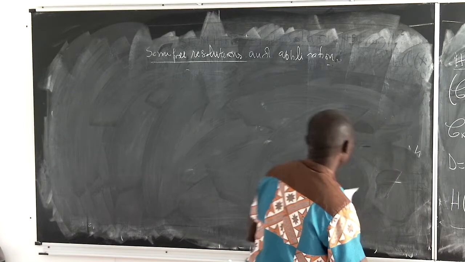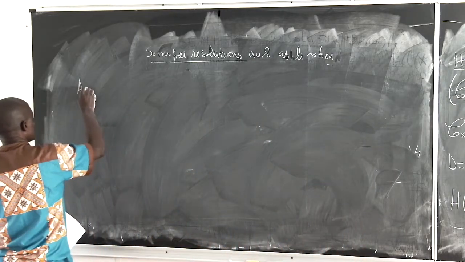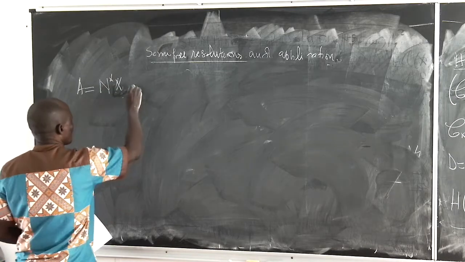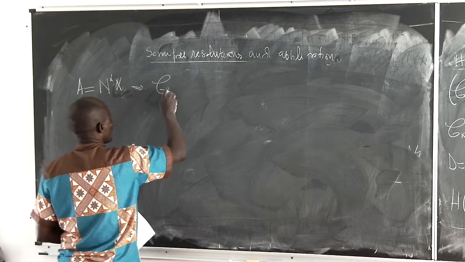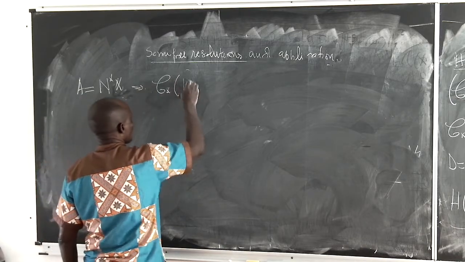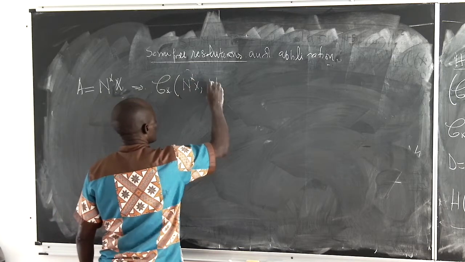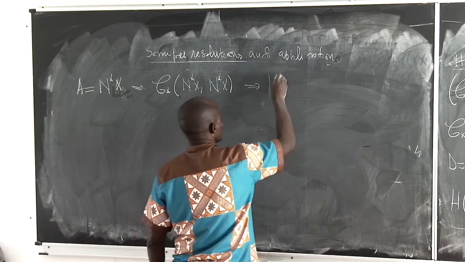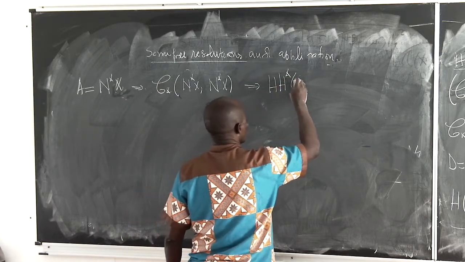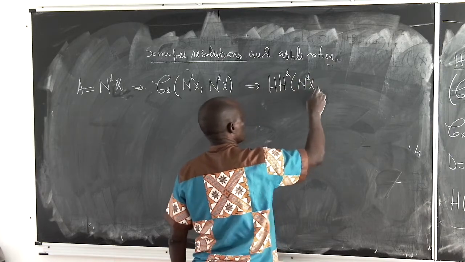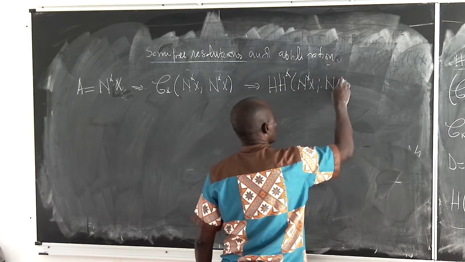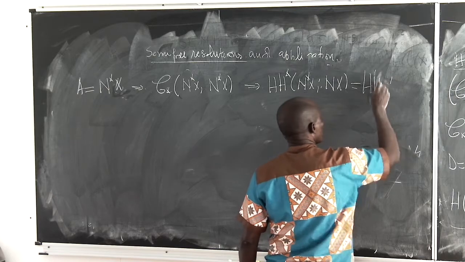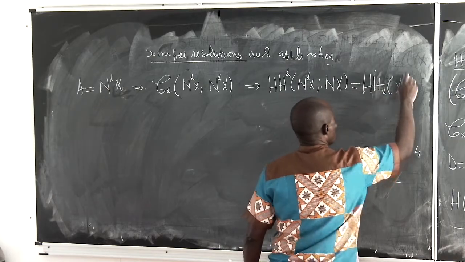And when we replace A by the normalized angular quotient, which is an algebra, we obtain the Hochschild complex of nx with coefficient in nx, and the associated homology is the Hochschild homology of nx with coefficient in nx, generally denoted by x.